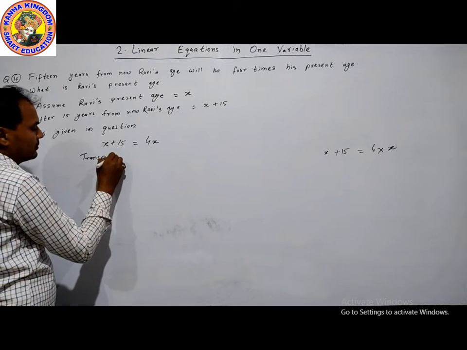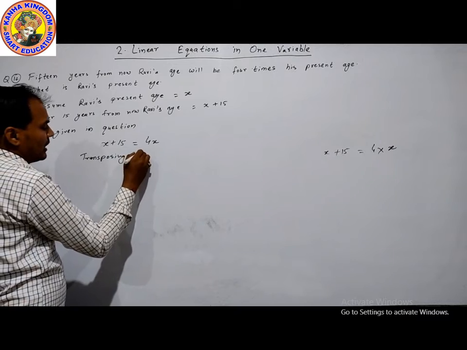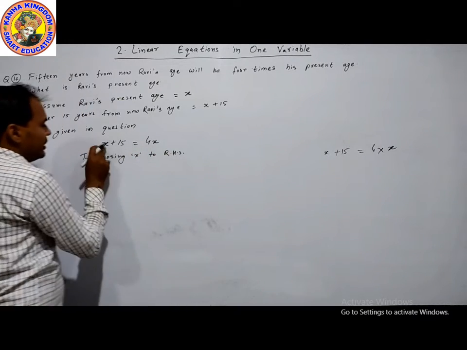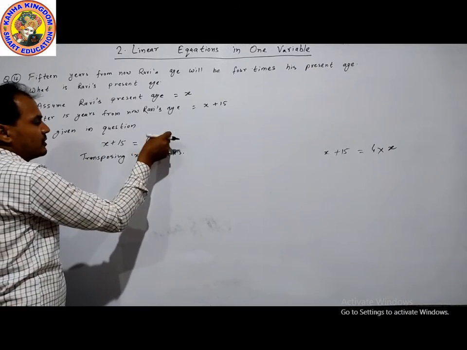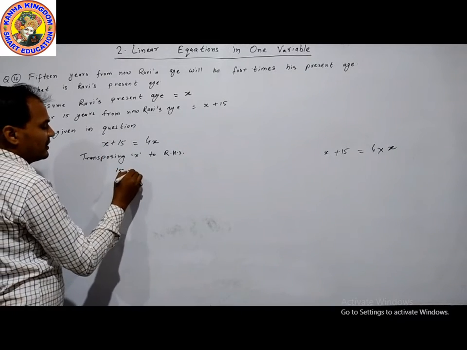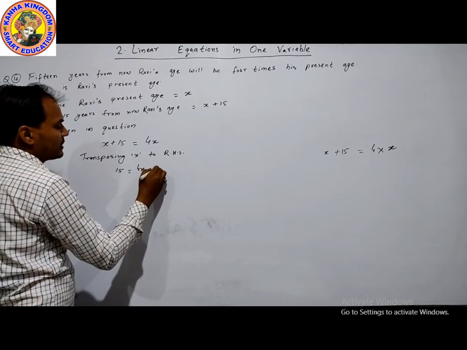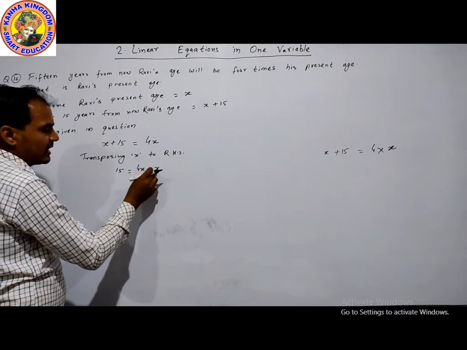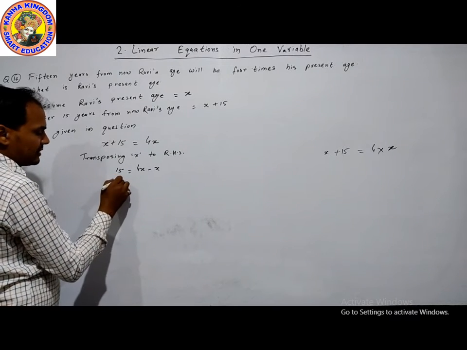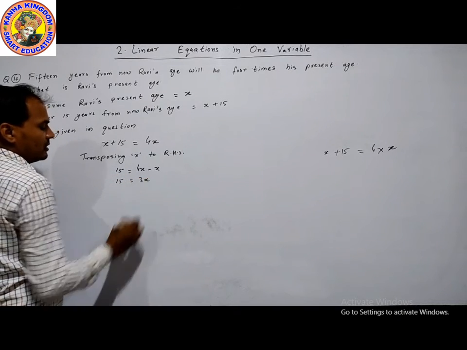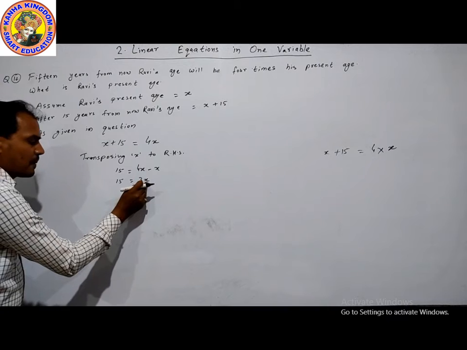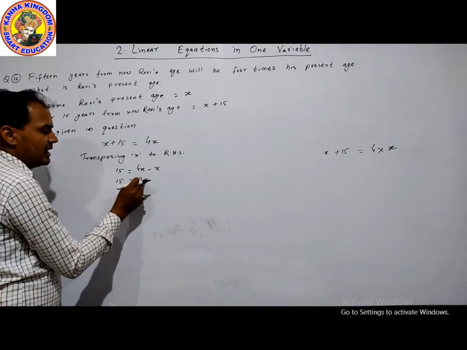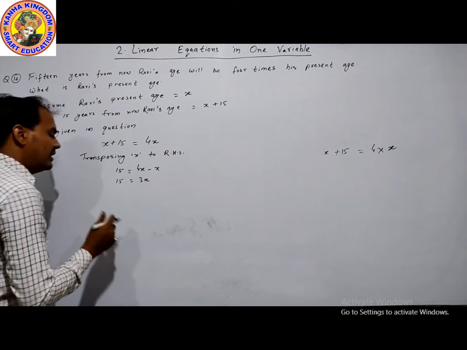Transposing x to the right hand side. Here x is positive. When we transpose, this will be negative. 15 is equal to 4x minus x. 4 times x minus 1 times x, there is 3 times x. 15 is equal to 3x. For finding the value of x, we will remove this 3. 3 is multiplied, so we will divide.